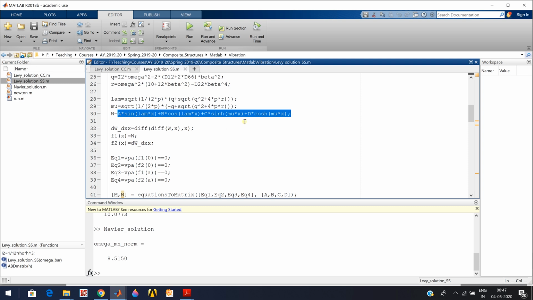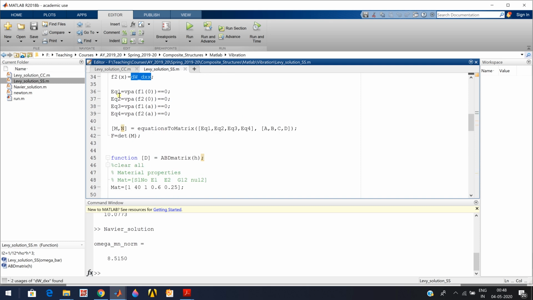And then for the simply supported boundary condition, we know that W is 0 and d²W by dx² will be 0. By applying the boundary condition, you'll see that M_yy for this case has to be 0 at x equal to a, and then M_yy equal to 0 will lead to this equation.